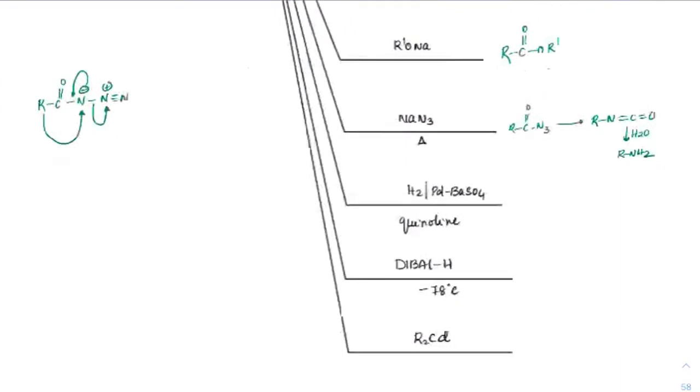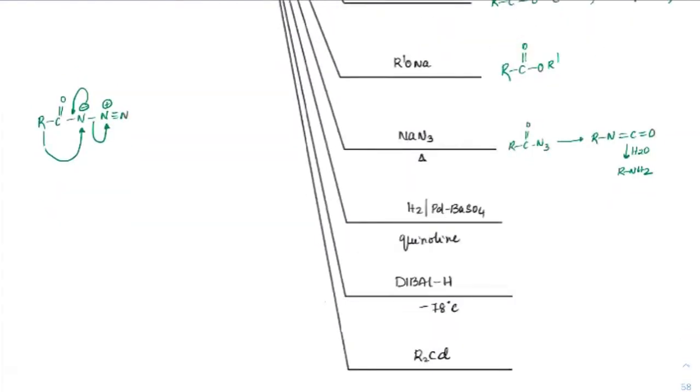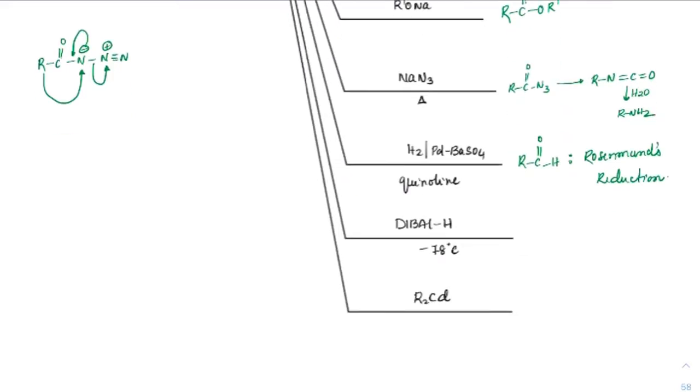Next, palladium barium sulfate with H2 and acid chlorides, we get aldehydes. What do we call them? Rosenmund's reduction. This is Rosenmund's reduction. With DIBAL-H at a very low temperature, we know that this will also form aldehyde.